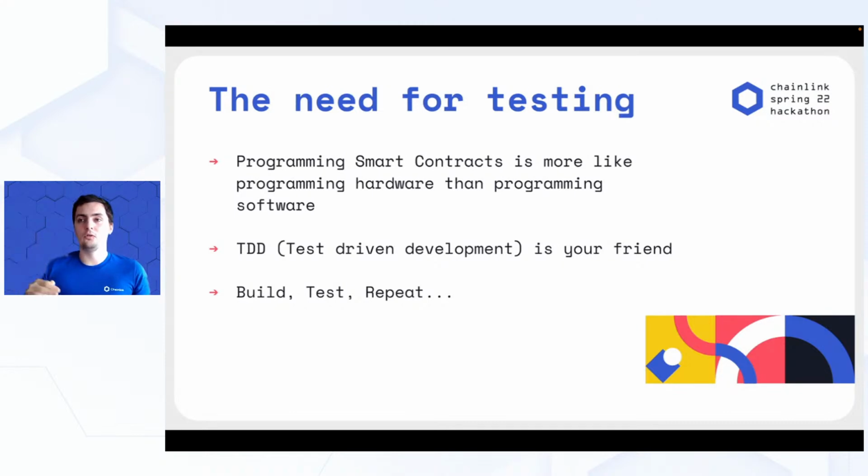You're going to write your unit tests, integration tests, staging tests, end-to-end tests or property-based tests. We will see what these phrases mean. Basically, you write your set of tests and then you implement functionality inside your smart contract. At the beginning, your tests will be failing, all of them, because there's no implementation in your smart contract. Then your goal is to write your implementation until those tests become green and all of them pass.